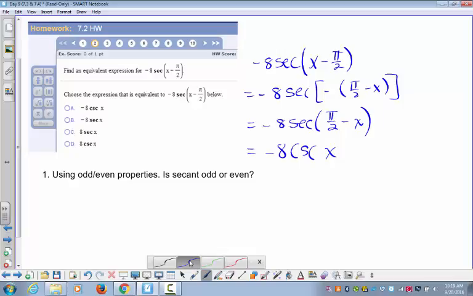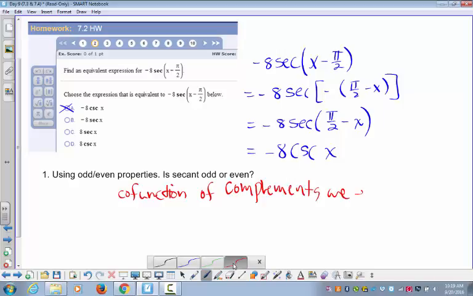X and pi over 2 minus x are complementary. And is that up there? Yeah, so there's A right there. So that's using odd-even properties, and cofunction of complements are equal. Cofunction of complements are equal.